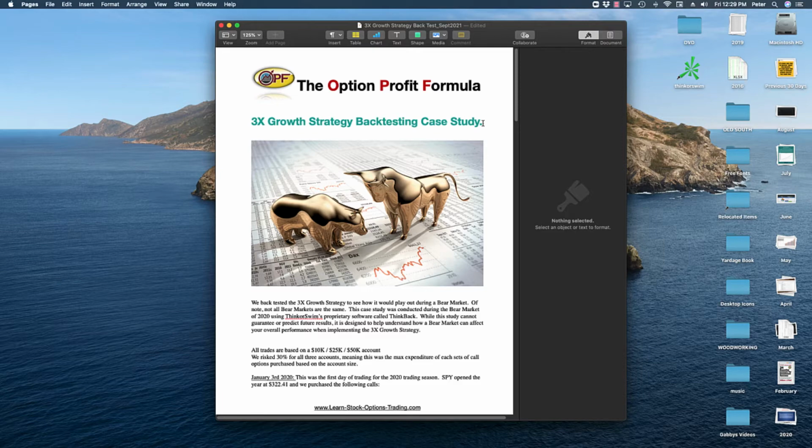With this strategy, I decided I was going to go back in time and test it during our recent 2020 bear market. Now, another caveat here, no two bear markets are the same. Okay, so even though this study can show you how it played out during that bear market, there's no guarantee it would play out exactly the same way.